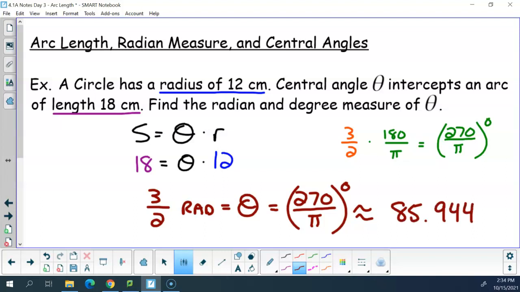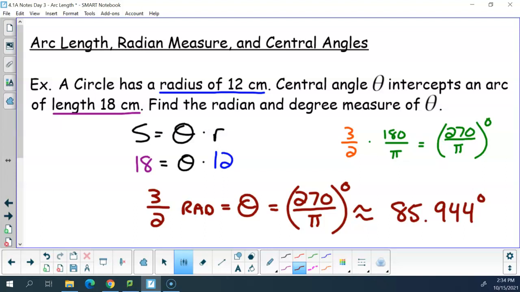You don't have to do the seconds. It didn't say that we had to. So how would you go from 3 halves to 85.944? Multiply 3 halves by 180 over pi. Convert it like we did yesterday.